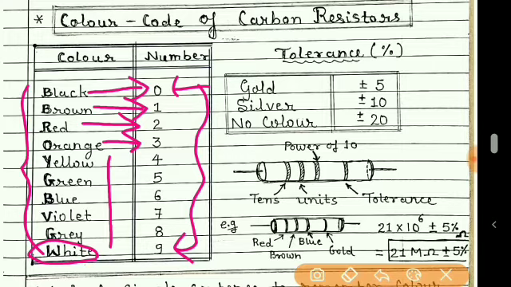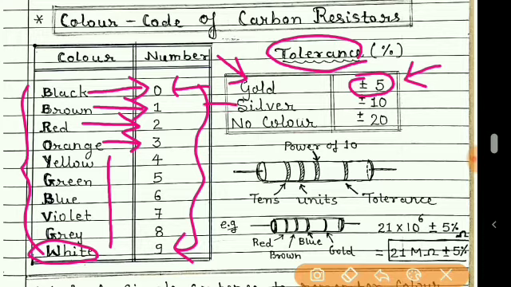Also there is a tolerance. Tolerance means how much the given value of the resistor can change or can vary. So if there is a golden color band, then we can say that the value can vary in terms of plus or minus 5%.